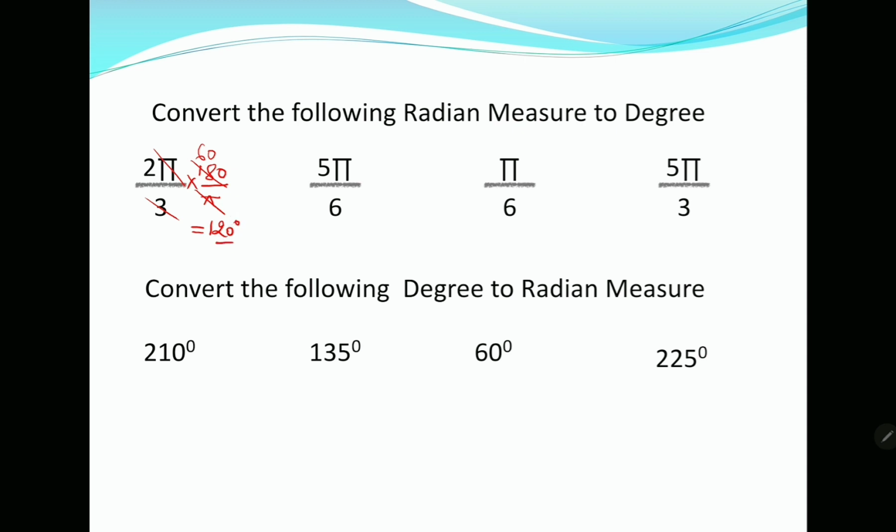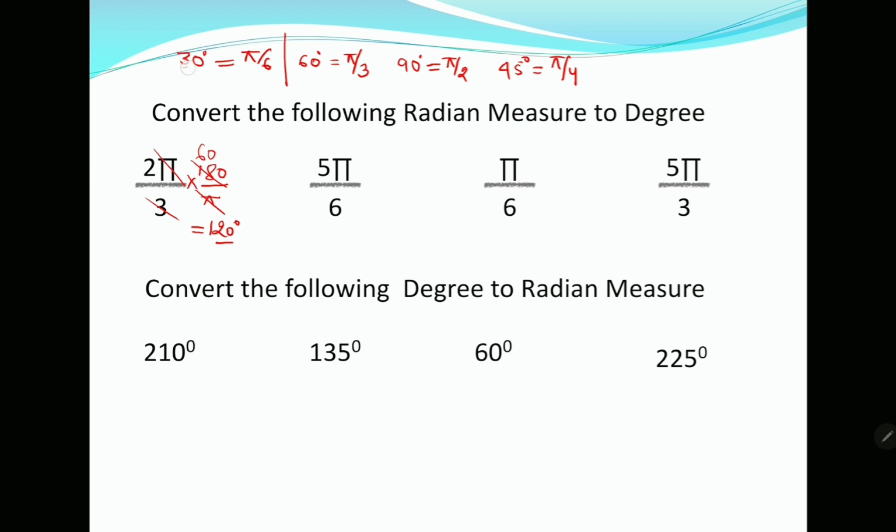Also, there are basic or specific angles that you need to remember in both degrees and radians as well. They are 30 degree, which is pi by 6. Second, 60 degree, it is pi by 3. 90 degree, it is pi by 2. 45 degree, it is pi by 4. So these are basic angles that you need to memorize, right?